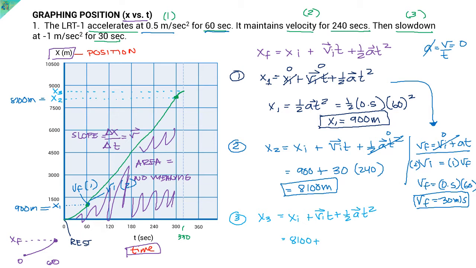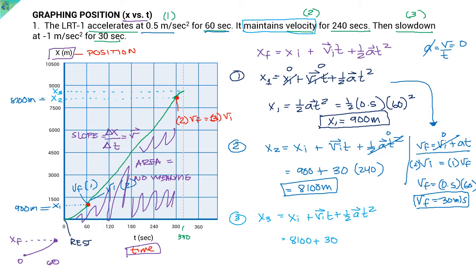And since x2 has a velocity of 30 meters per second and it maintains a velocity, which means that from the starting point here of x2, yun din ang velocity niya hanggang end, which means that the final velocity of situation 2 is equal to the initial velocity of situation 3, which also means that we can also write here 30 meters per second for the value of our initial velocity in situation 3.